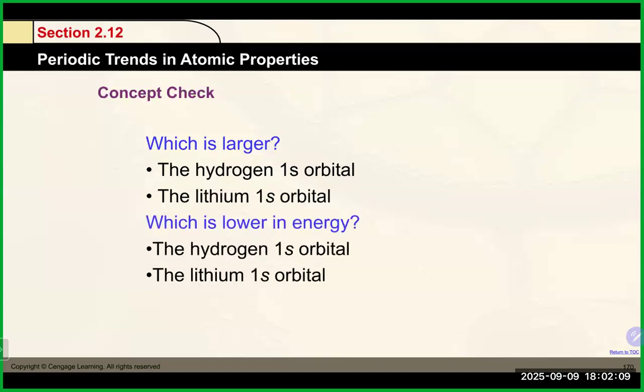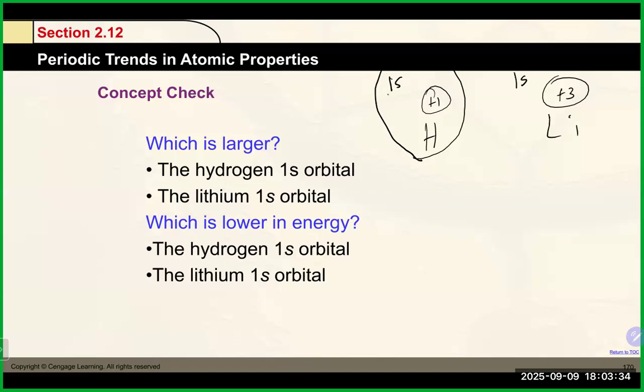All right, so take a moment on each of these. We want to know which one is larger, the hydrogen 1s orbital or the lithium 1s orbital, and which one is lower in energy, the hydrogen 1s orbital or the lithium 1s orbital. So the larger one in this case should be the hydrogen here, right?